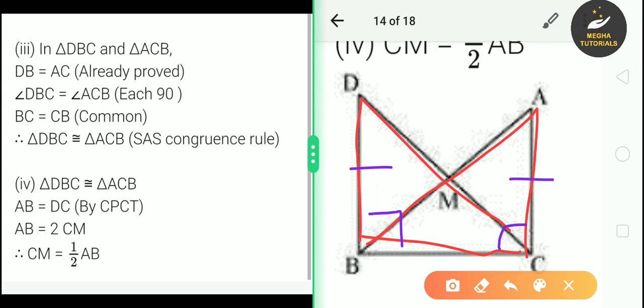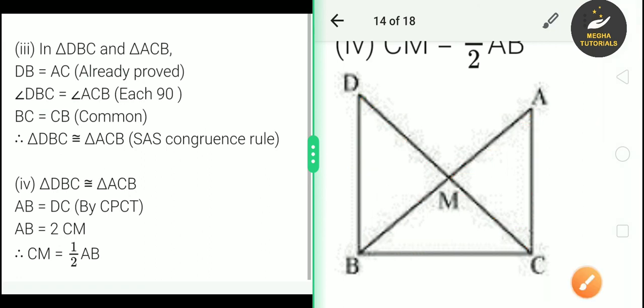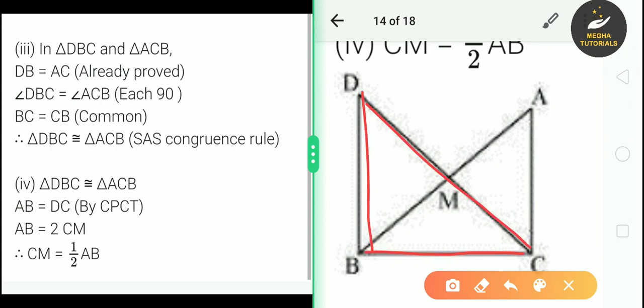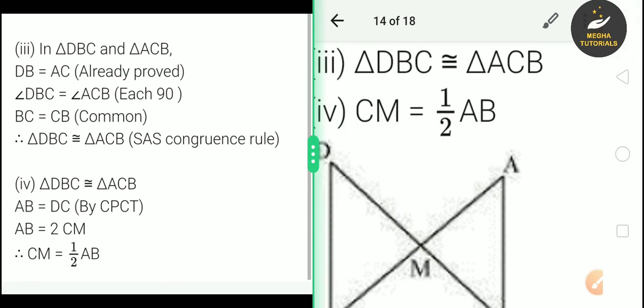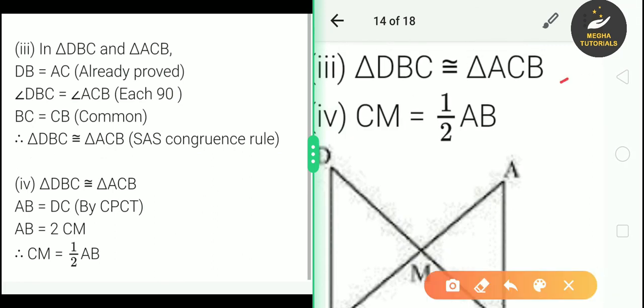Just we have proved this. And BC is the common side in between them. So BC is equal to CB, common. Now consider any one triangle. So we are considering triangle DBC. So first DB side, then angle DBC, and then side BC. So side angle side. Therefore triangle DBC and triangle ACB are congruent by SAS congruency test. So we have proved the third part.